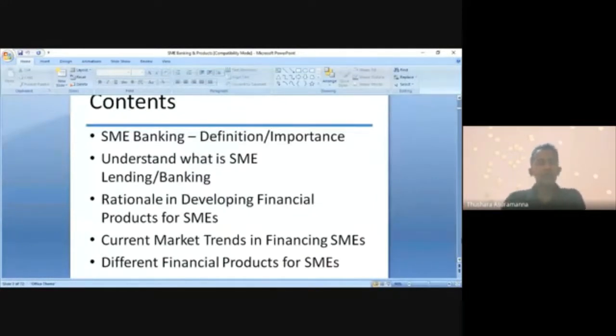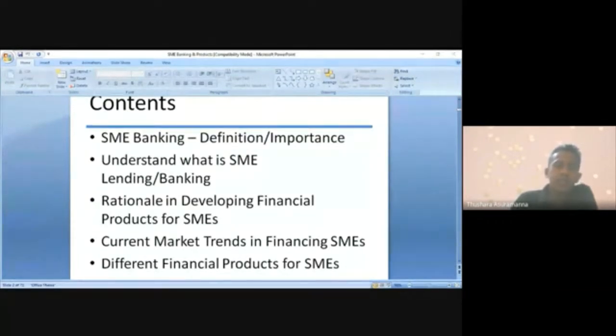Under this, we are going to discuss these areas: SME banking, definition and importance, understanding what SME lending and SME banking are, the rationale in developing financial products for SMEs, current market trends in financing SMEs, and different financial products for SMEs. That's what we are trying to understand during this session.